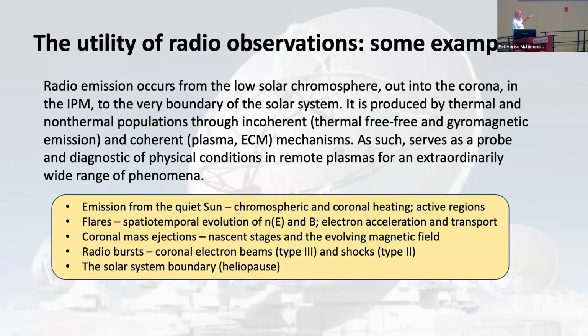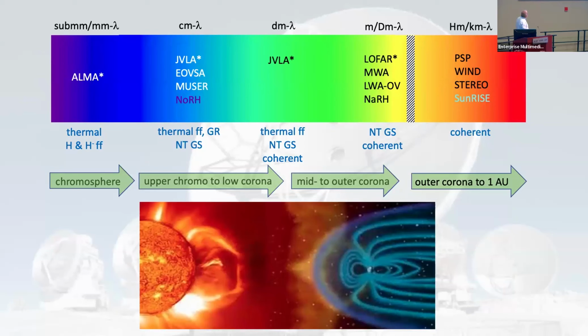I hope to convey the flavor of the kinds of things one can do at radio wavelengths. And so I'm going to talk about emission from the quiet sun, specifically the chromosphere, using ALMA. I'll say a little bit about flares, which are near and dear to my heart. Coronal mass ejections in the classical radio bursts, and then finally the solar system boundary. So it's a lot, and then we'll talk about propagation.